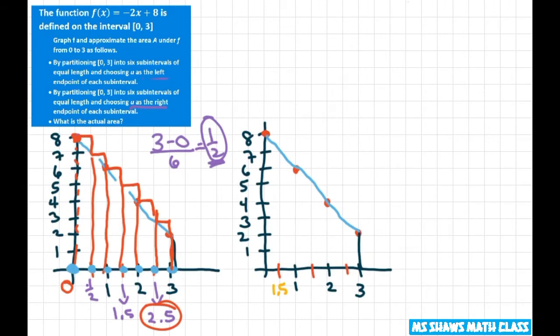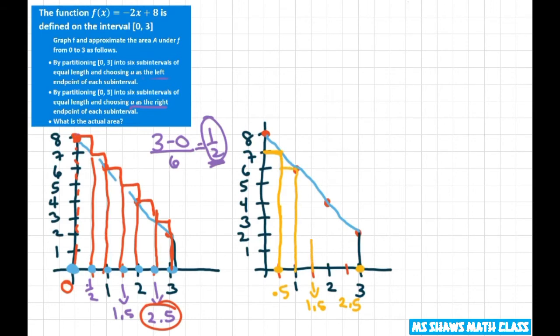Now on the right endpoints, we're starting at 0.5. And this would be 1.5, and this is 2.5. So if we're starting with the right endpoint, we're starting with this one, and we're going to go to 3. You draw up, this is going to go to 7. Go that way. And then from 1, go up and draw this way.